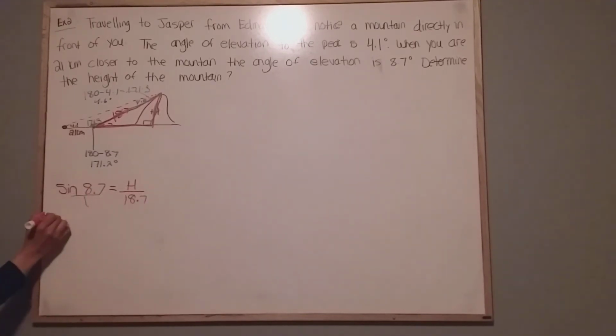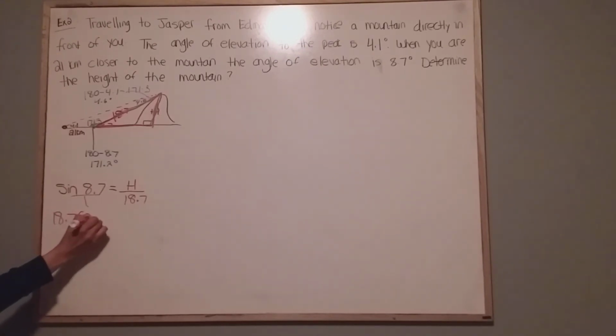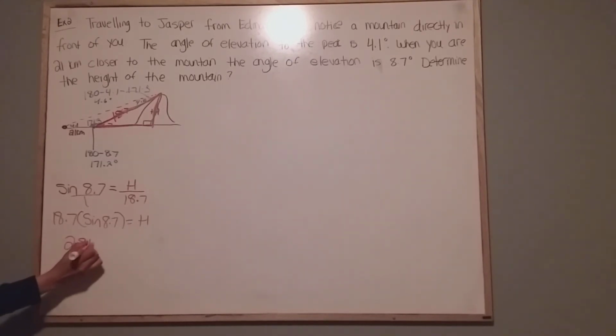I cross multiply. 18.7 times sine 8.7 is equal to the height of my triangle, which is 2.8 kilometers.